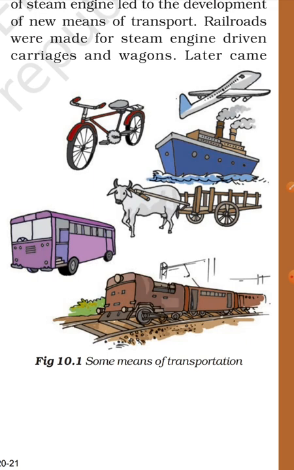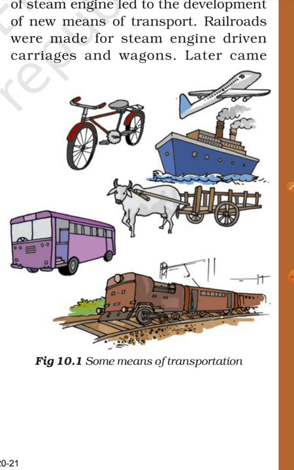Today at first I will discuss the story of transport. Long ago, people did not have any means of transport as we know. They used to move only on foot and carry goods on their back.